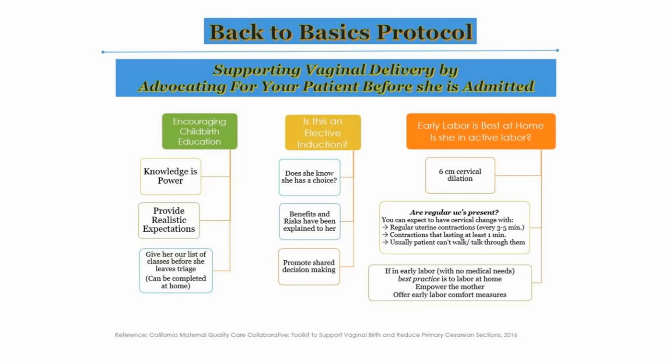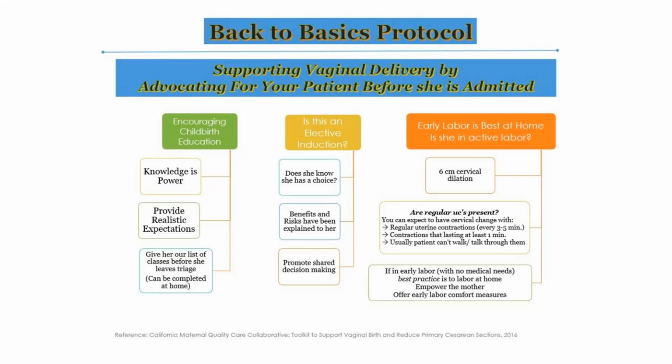Looking at, is this an elective induction? Does she know that she has a choice? She does have a choice. Looking at the benefits and risks and promoting shared decision-making. And then we're going to break down early labor in just a few minutes. But one of the things that we as practitioners, as clinicians can do is helping them to know how to handle early labor.